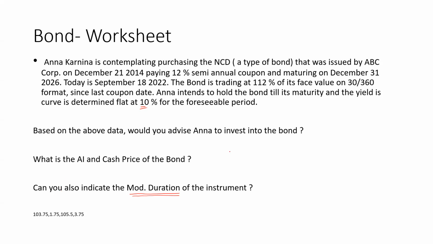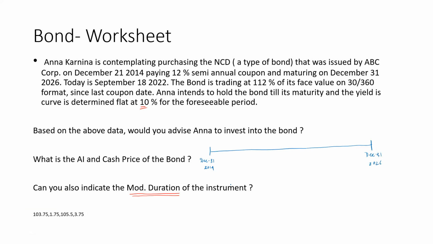All right. So let's first map what is being talked about. The bond was issued here, that is on December 31, 2014, and the bond is due to be retired, matured, on December 31, 2026.